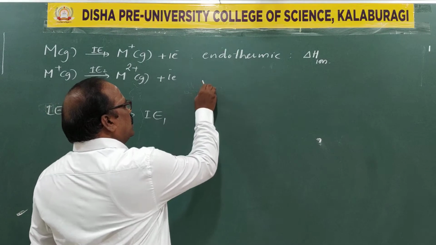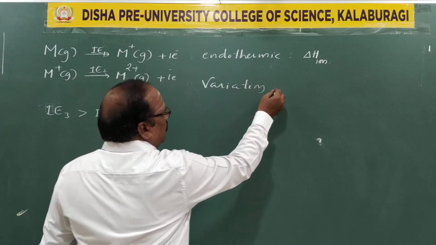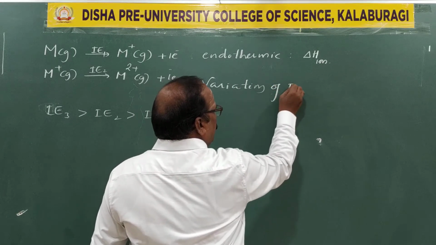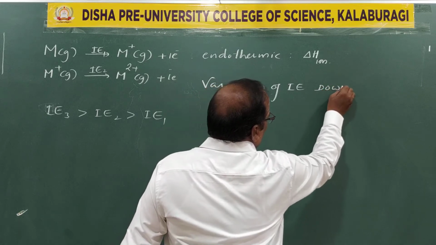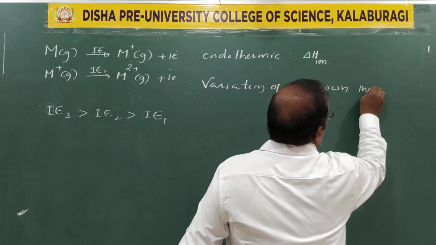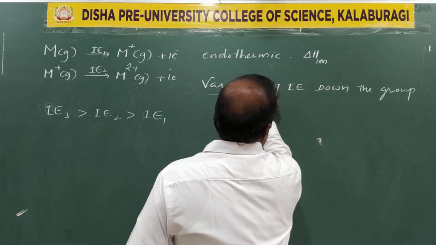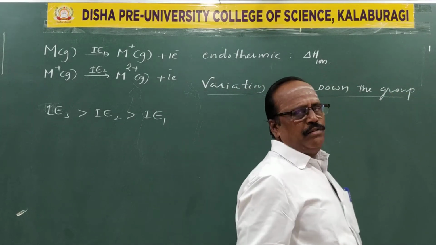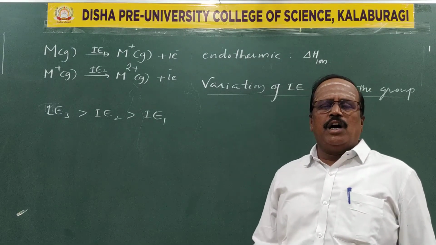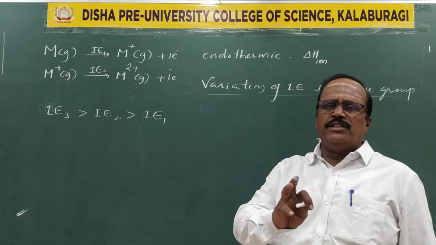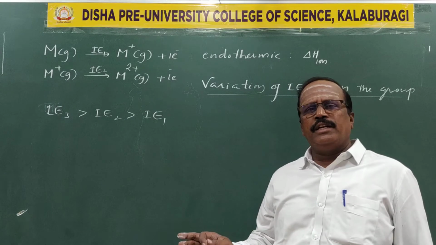First we write the variation of ionization energy down the group. Sometimes a 2 mark question: How does ionization energy vary down the group and along the period?